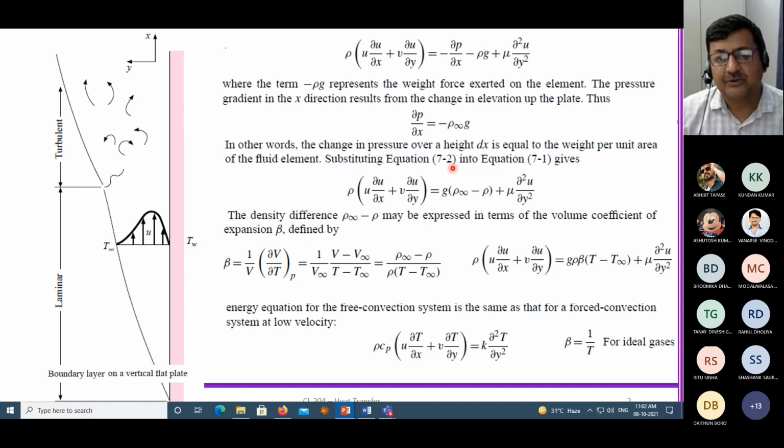And that is where you have to bring in the concept of the buoyancy force in the momentum equation, which is not difficult, which we have shown: if del P by del X, you replace by rho infinity g, where rho infinity is the density in general in the fluid, whereas rho is the local density, which is changing because of the temperature at a particular layer, right?